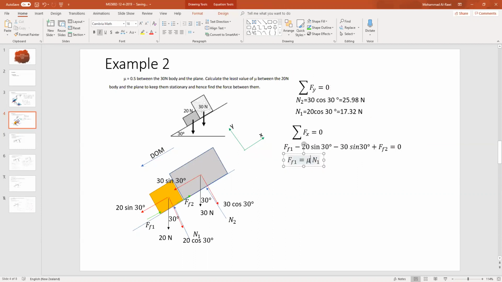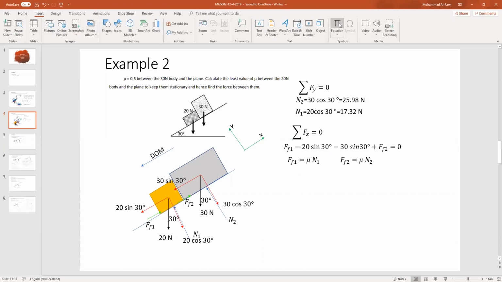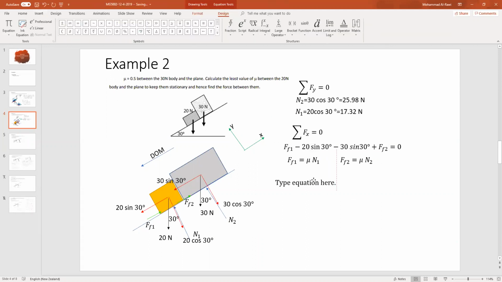So I can say F equals mu N based on what we described before, and I need to replace these values with mu N. So I will repeat this equation again.